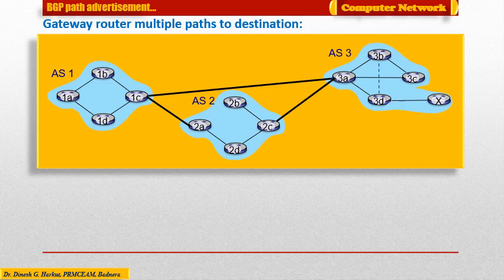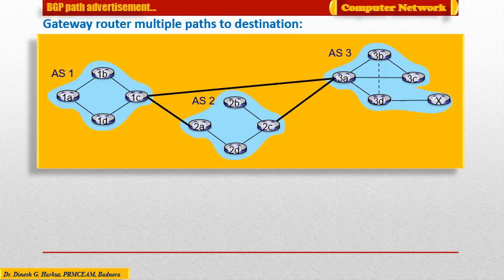As seen in our earlier scenario, let us now assume that gateway router 1C of AS1 has two paths to destination prefix X. This is one path which we already explored, and this is another path to the prefix X.